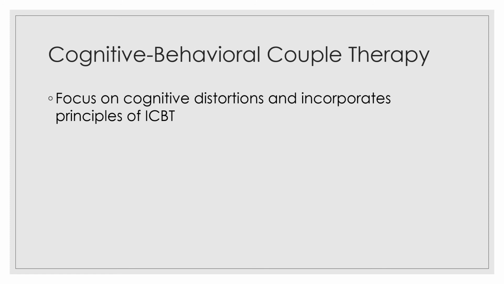So again, back to the basics of cognitive behavioral therapy, where our thoughts play a role on our actions and our behaviors, and vice versa. So our actions or the actions of someone else play a role in our thoughts, and sometimes that thought process is distorted, and that leads to further problems within the communication patterns of that couple.